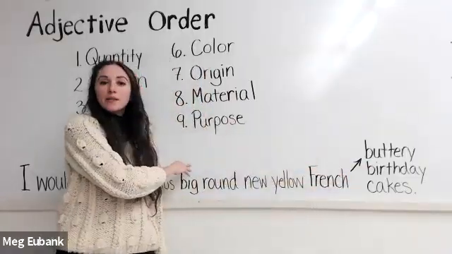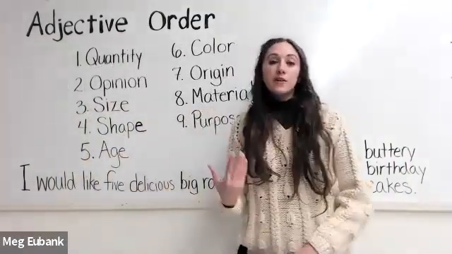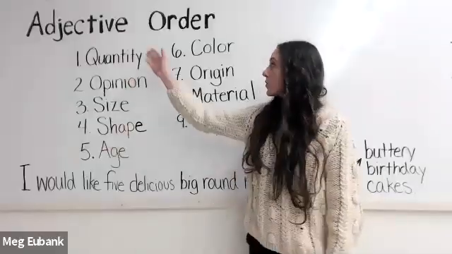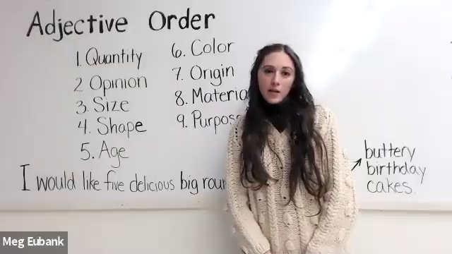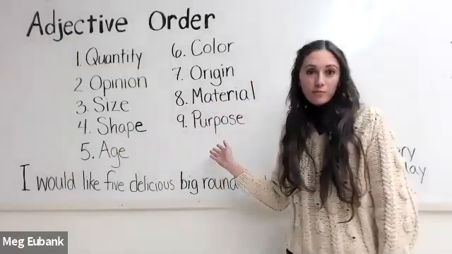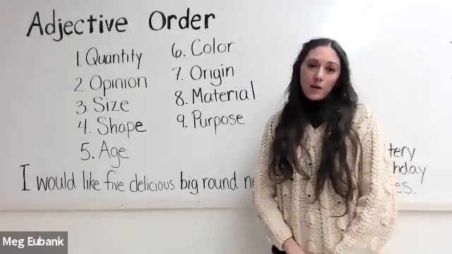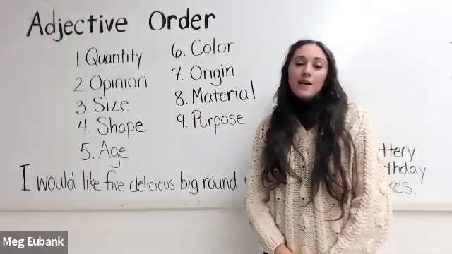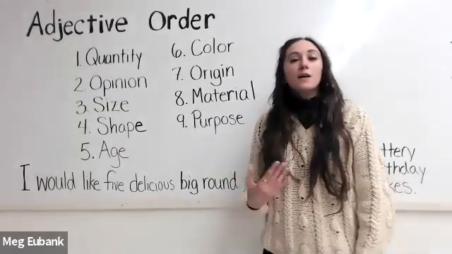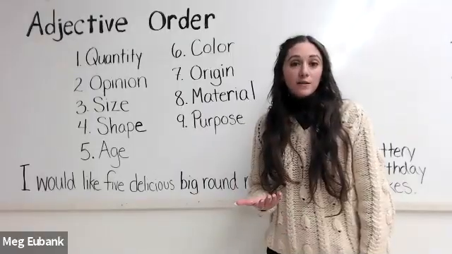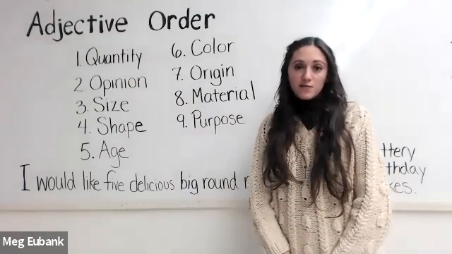So I'm describing my cakes with all of these adjectives, and I've put them in a very specific order in order to present them to someone. Now, in learning English, this is a hard thing to remember, and you might mess it up sometime, and that's okay. So just remember that if you do mess up, or if someone is confused, you can stop and clarify using questions and explain to them what you mean in a different way.